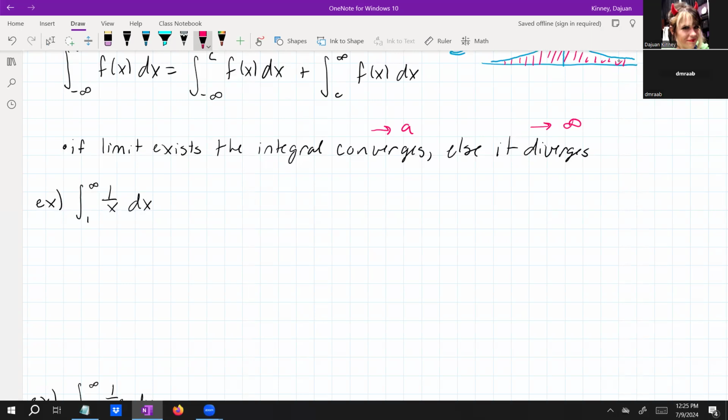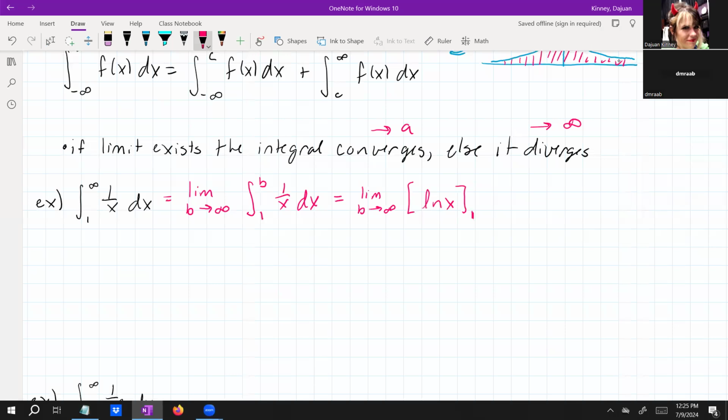So let's jump to it. We're going to say this equals the limit. I use b for my top value. 1 to b, 1 over x dx. Okay, pretend that limit isn't there and integrate. So limit as b goes to infinity. The antiderivative of 1 over x is just natural log of x.